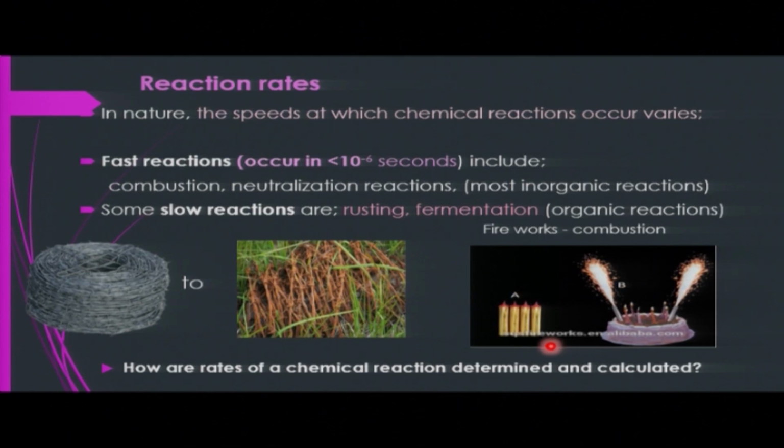Or the time it takes for this firework stick to produce the sparks? Yes, it is possible. So now the question, if it is possible, how? And that is what we shall be looking at in detail, and see how to come up with the quantitative figure on the rates of reaction.